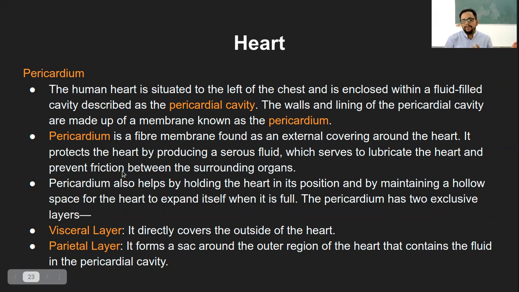Now that is the obvious function. Whenever we have the brain, around the brain we have cerebrospinal fluid, and then outside is the skull. Similarly, we have lungs. Outside the lung, we have the pleural cavity or pleura, which is the membrane outside the lung. And just like that, we have the pericardium and the heart inside this pericardium.